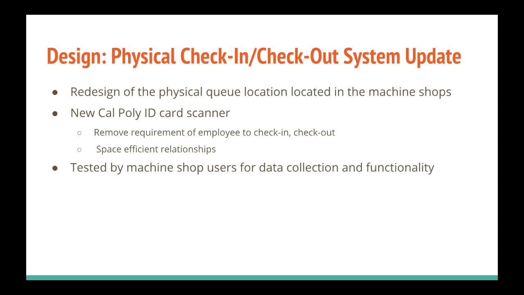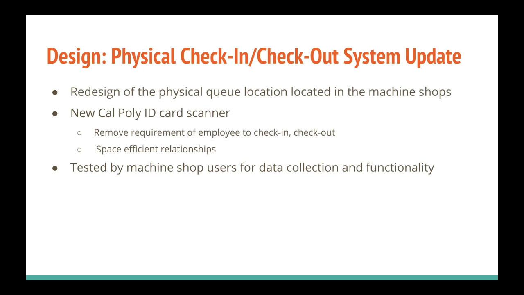Another aspect of our project is the design of the physical check-in, check-out system. A redesign of the physical queuing location located in both Mustang 60 and the Arrow Hangar will be initiated with the update of the system. New card ID scanners will streamline the check-in, check-out process by removing the requirement of having a shop tech or student shop tech present when users need to check in and check out.